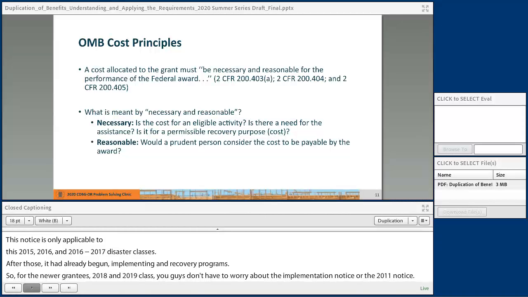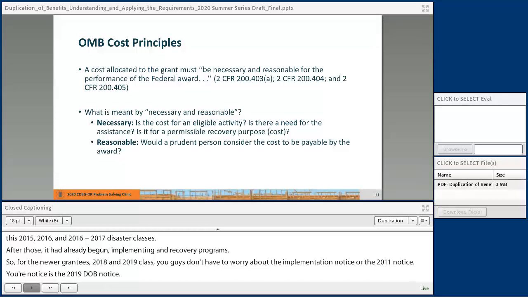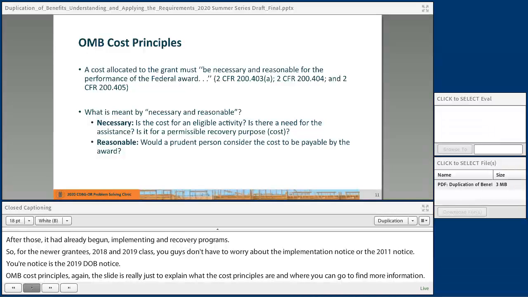OMB Cost Principles. This slide is really just trying to explain what the cost principles are and where you can go to find more information. We really want to make sure you understand this piece and when it comes into play. Later in this presentation, Carrie is going to highlight this concept through an example.